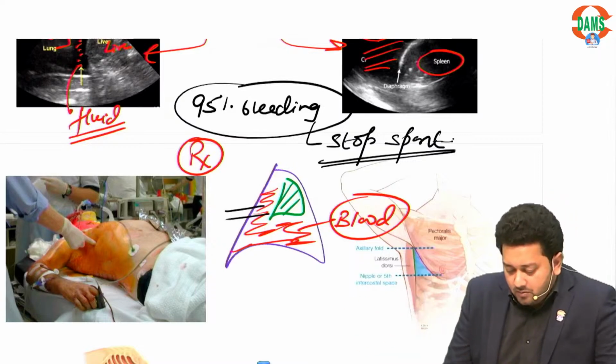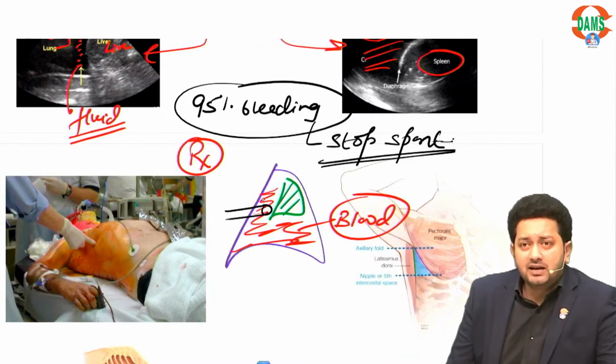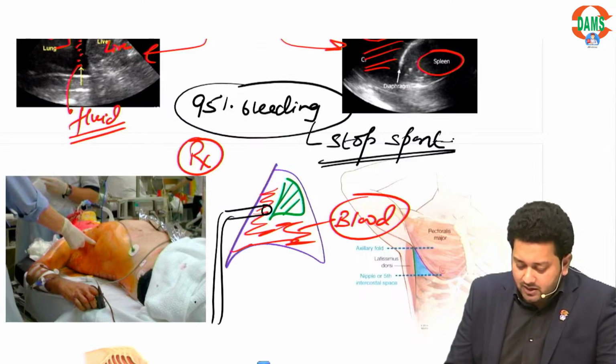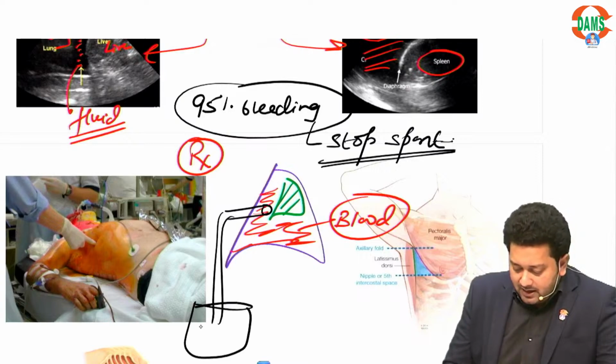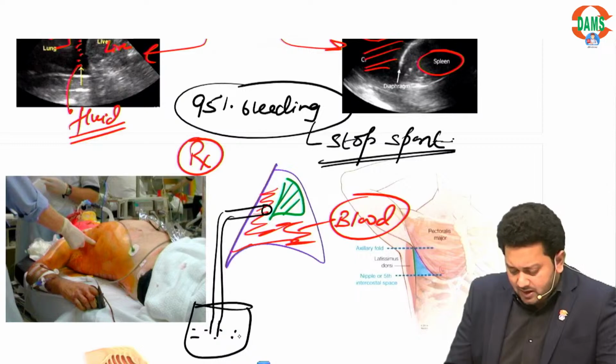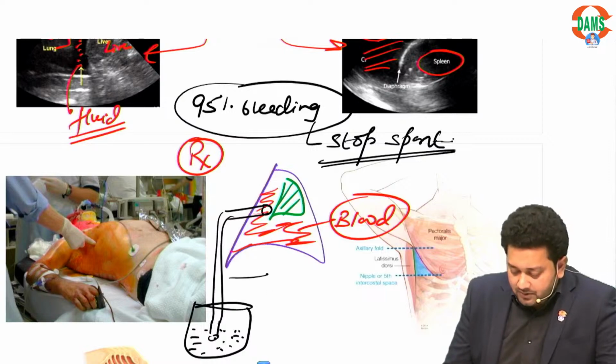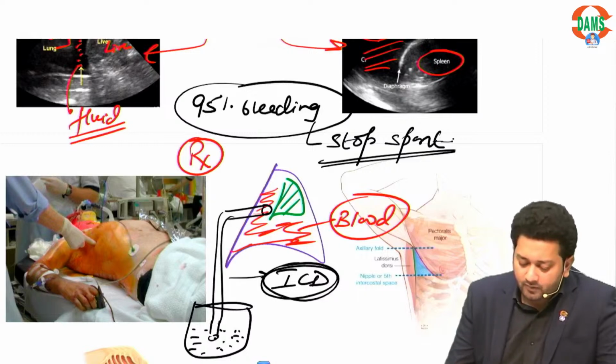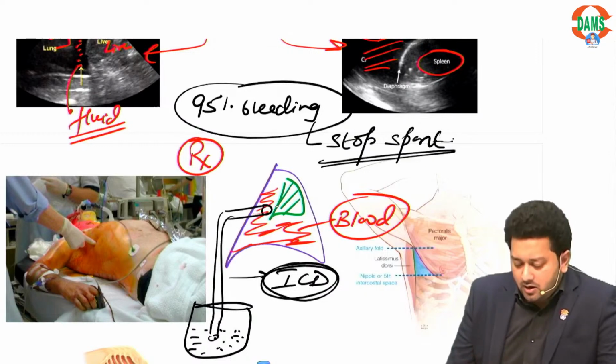You put a tube where one end of the tube is inside the pleural cavity, and the other end of the tube is in a container which has a little bit, 100 ml, of saline already filled in it. So this tube is known as the intercostal chest drainage tube. The moment you put the tube, blood will start coming from this tube and accumulating in this container.